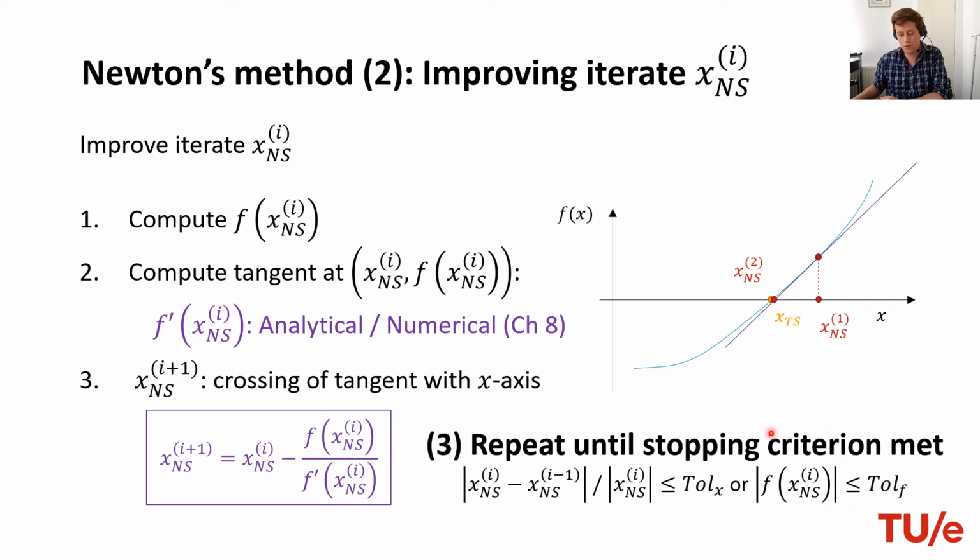So this should be very, very small. In the true solution, this is equal to 0, or in the approximate case, we just set this tolerance on f to a very small value and stop when the function value evaluated at the current solution is smaller than that tolerance.